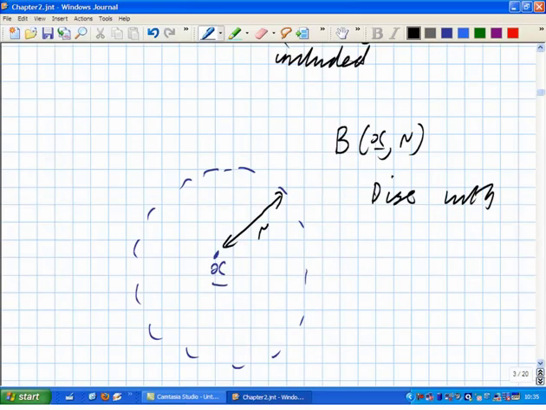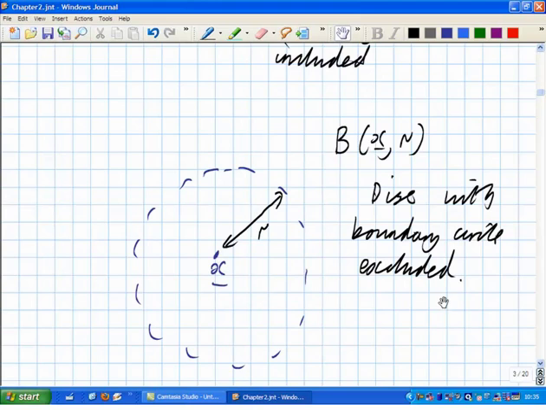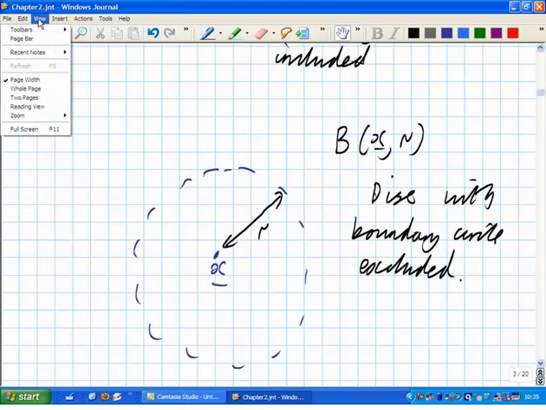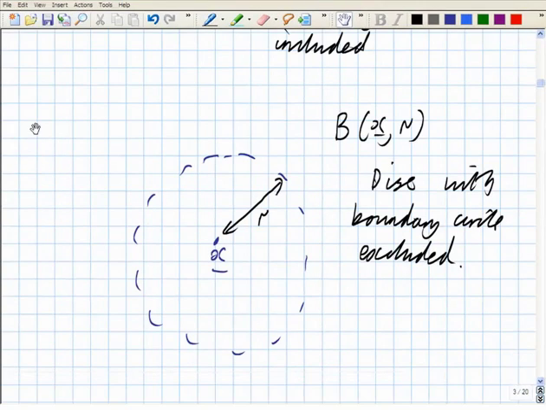So again, it's a disk, but this time with the boundary circle excluded. So that's what happens in 2 dimensions.